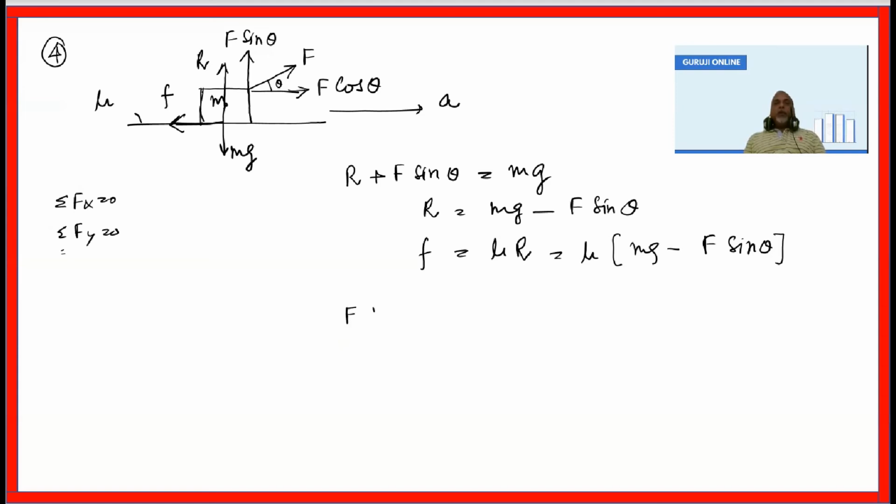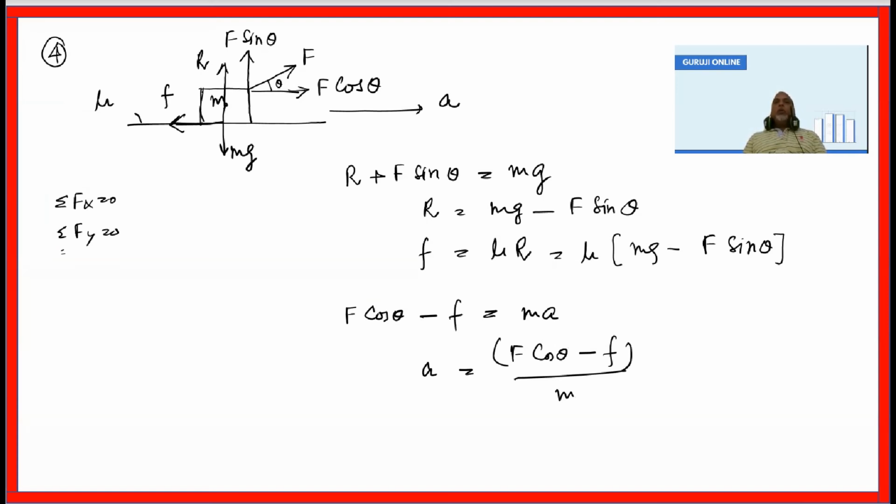Your F cos theta minus f will be nothing but MA, correct? So in this case, A will be F cos theta minus f upon M, which will give you the acceleration when the block is moving on a frictional surface and an inclined force is acting on the block.